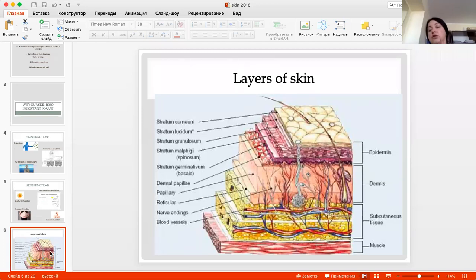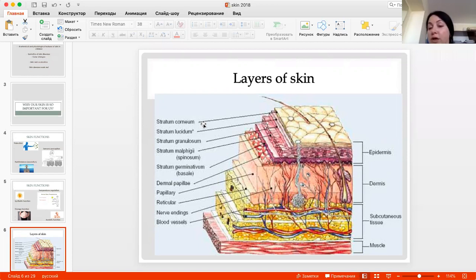And histologically speaking, skin has much more than 3 layers, because only epidermis has a lot of layers, like stratum corneum, stratum lucidum, stratum granulosum, stratum spinosum, and stratum germinativum.